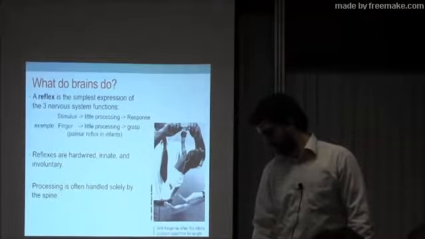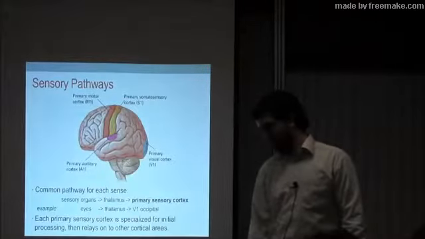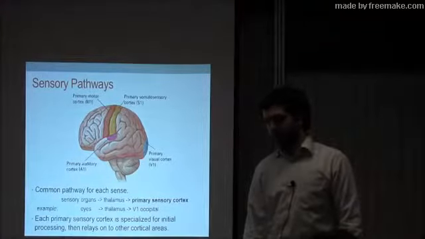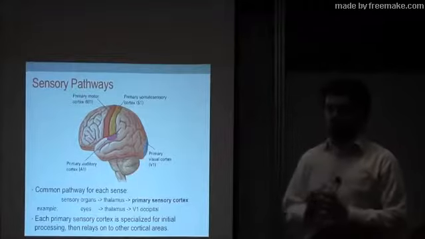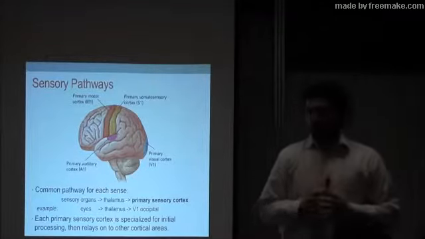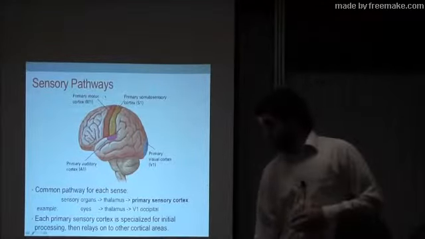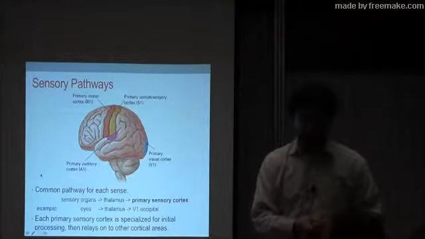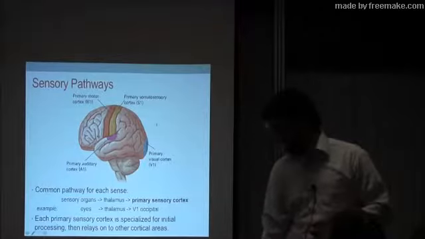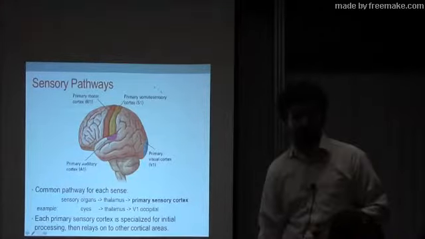So this brings us again to the discussion of sensory pathways. So let's go back to major brain structures. I call this area of the brain the front area, the frontal lobe, right? And the area that is next to it is called the parietal lobe.